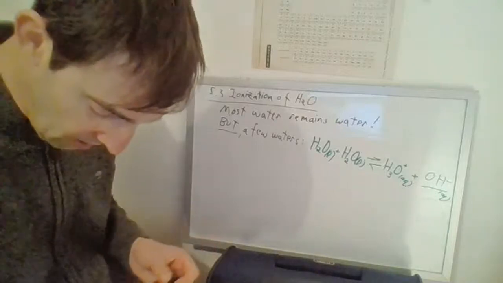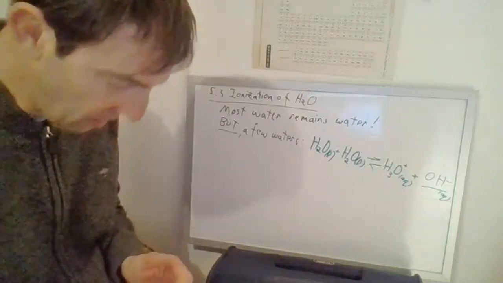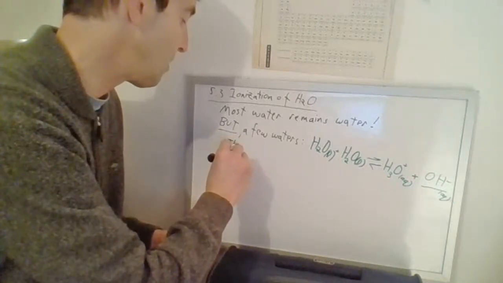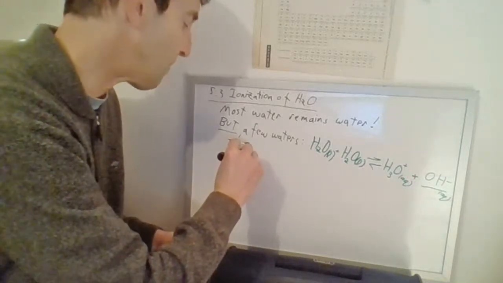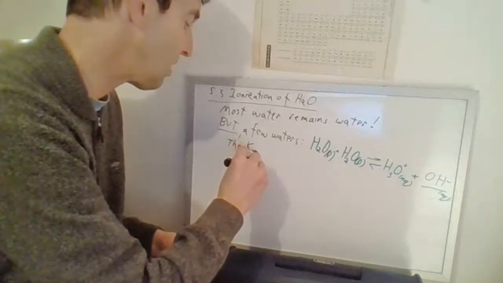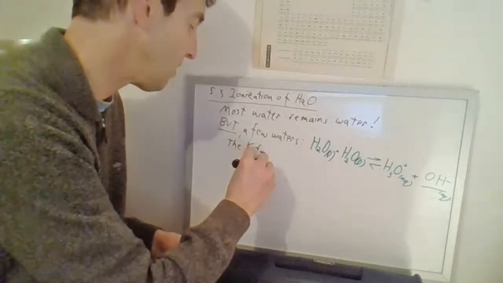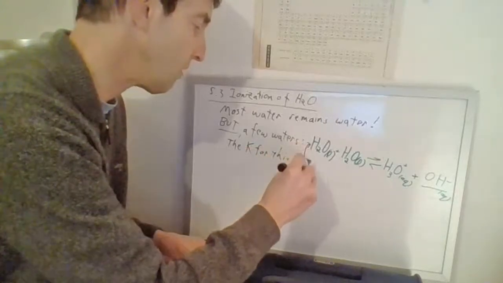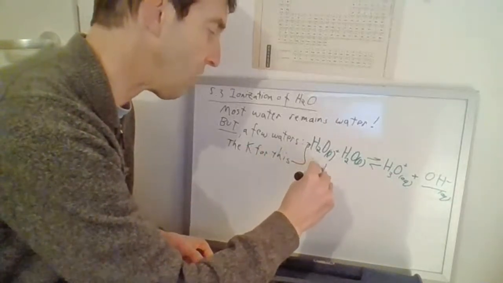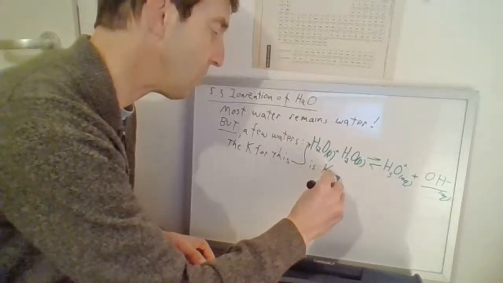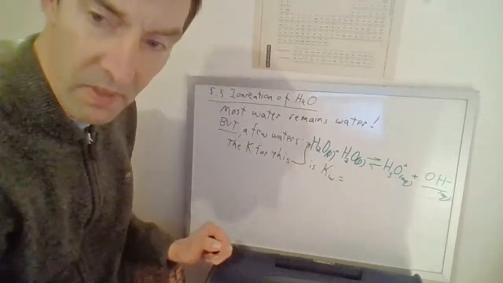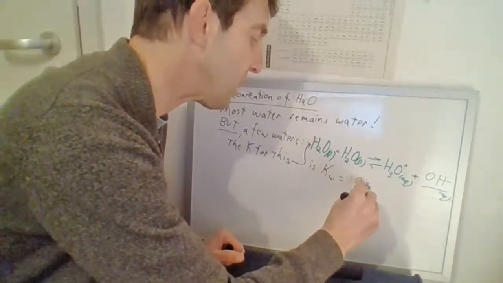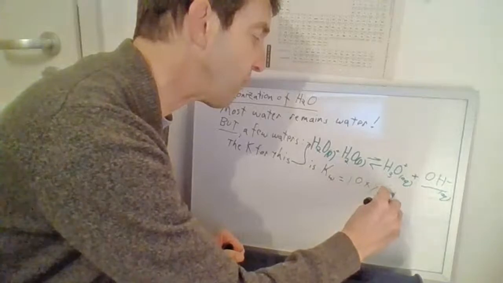Turns out that happens very little. The K for this is called the Kw. And you ready? The K is 1.0 times 10 to the negative 14.